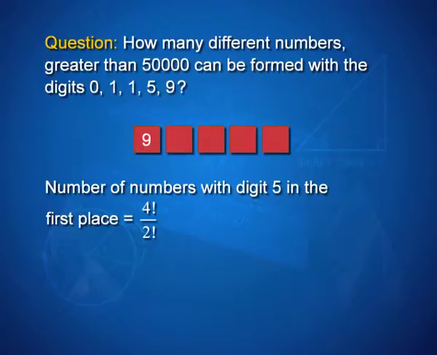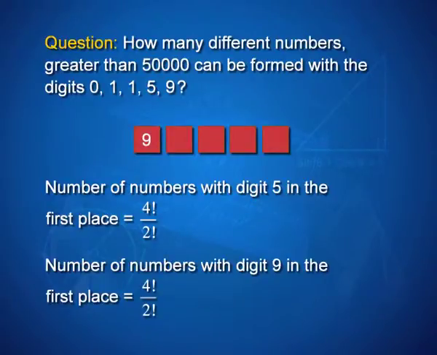That means our first place gets filled by either 5 or 9. Now, suppose 5 goes in the first place, then the remaining 4 places can be filled by the remaining numbers, that is 0, 1, 1 and 9, in how many ways?